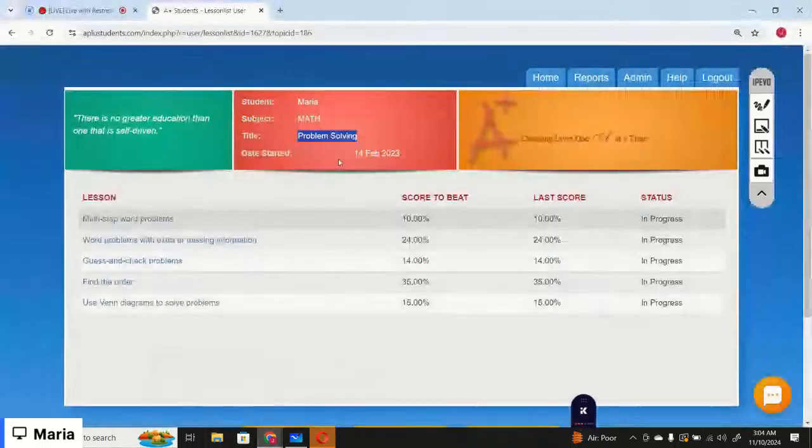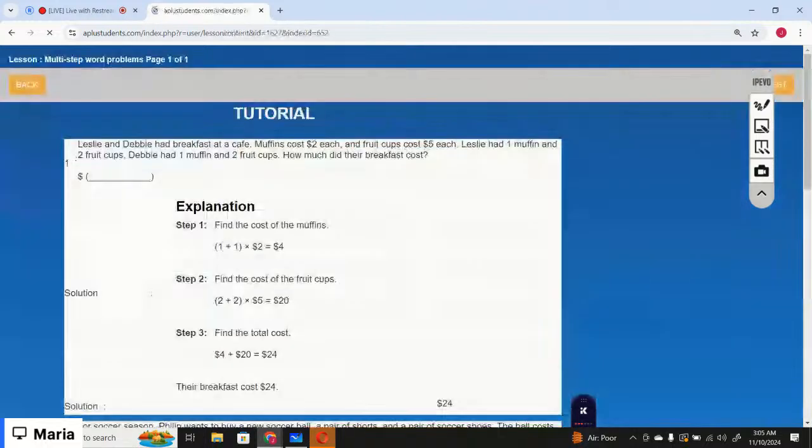Okay, here I'm on grade 5 math. The chapter we are on right now is problem solving. Let's just start with the first lesson, that is multi-step word problems.